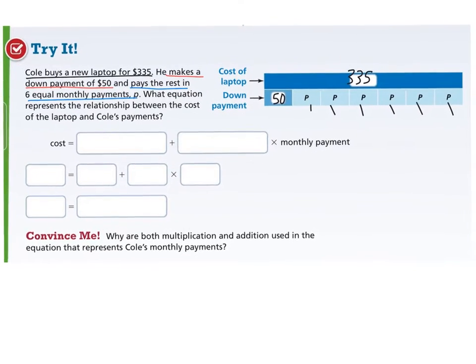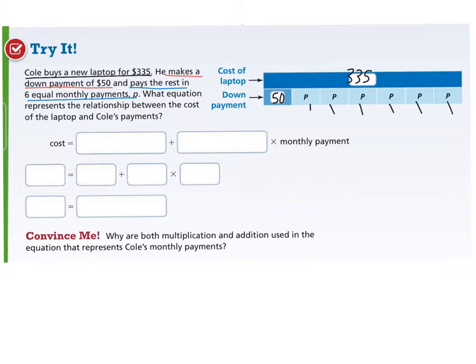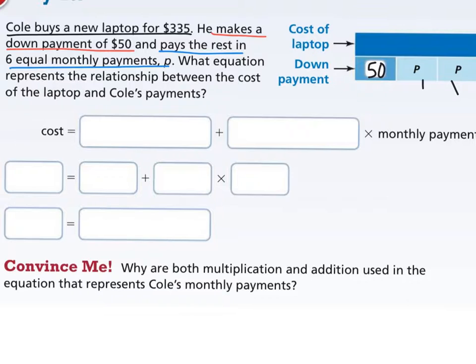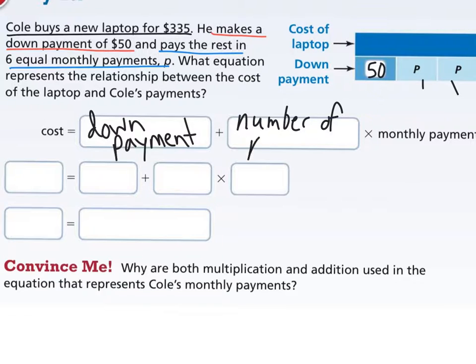And then next we can look at what they're doing down below. So the cost is equal to the down payment plus the number of payments times the monthly payment.